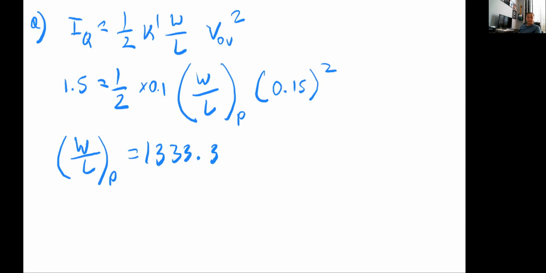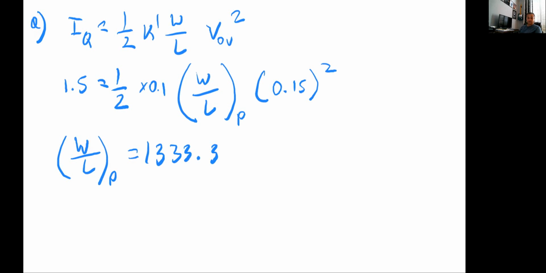Now we're also told that, and we could have used the equation for the N channel and found the width to length ratio for the N, and then found the P. But now that we have the P, we're also told that the transistors are matched.